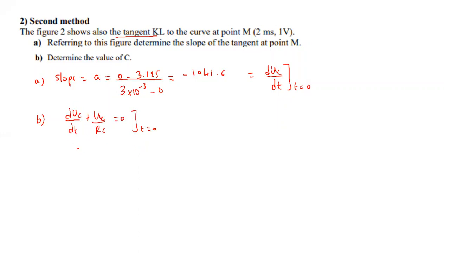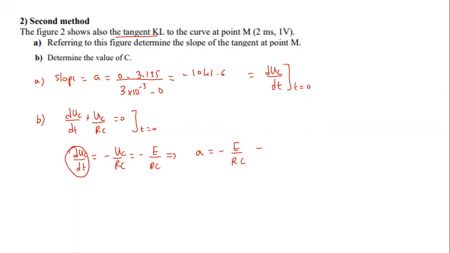So at t equals 0, duc over dt is equal to minus uc over RC. But at t equals 0, you see here uc is E, so it equals minus E over RC. And since we have the slope, this is the slope, which implies a equals minus E over RC.